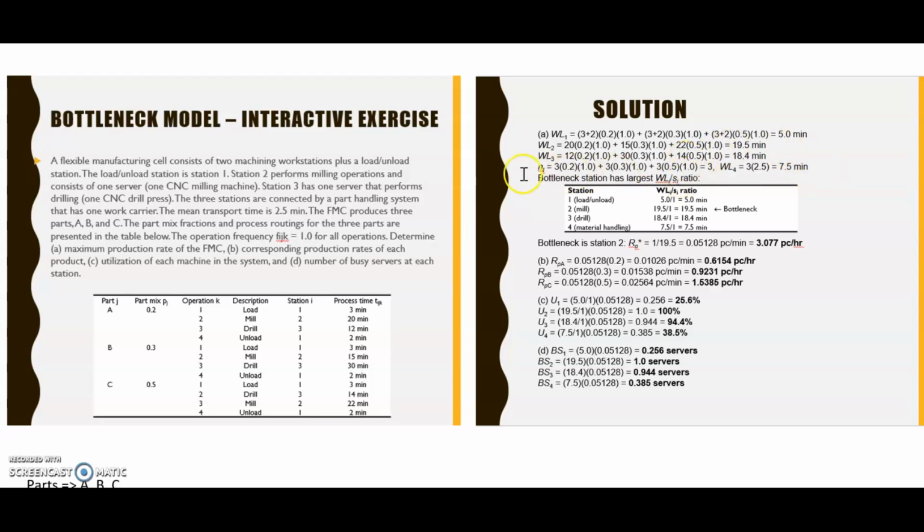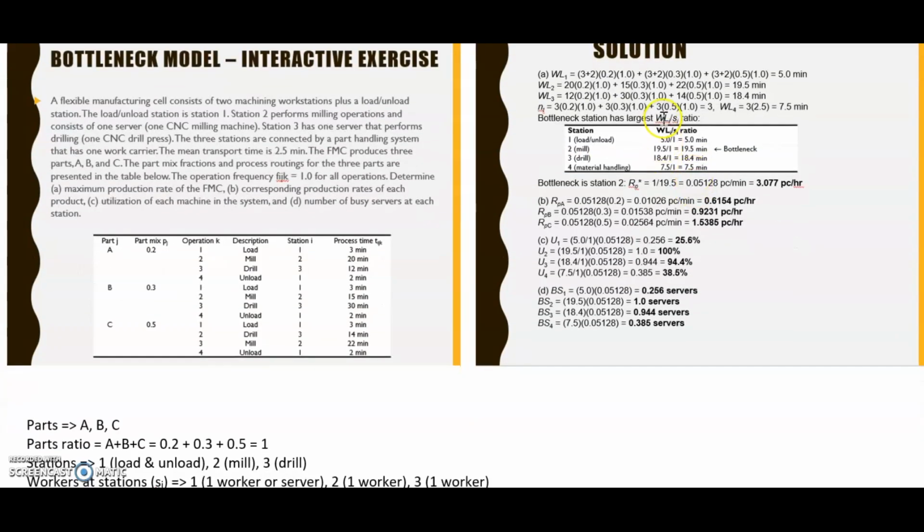The next step is to find the bottleneck station, the one with the largest WL per S ratio, the workload per server ratio. We have calculated the workload: station 1 is 5 minutes, station 2 is 19.5 minutes, station 3 is 18.4 minutes, and station 4 is 7.5 minutes.